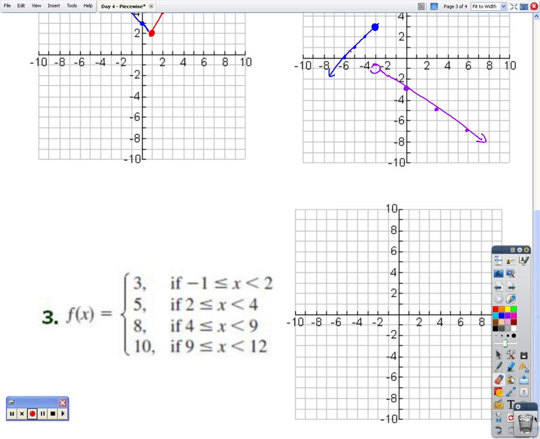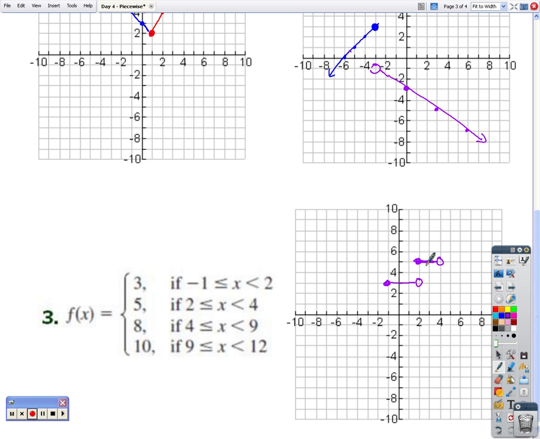The last one we're going to do is another piecewise function, but this one is all constant functions. Constant functions are really easy to graph because all I have to do is say, okay, -1 to 2, so -1, 3, closed, 2 is open, connect. That's all you got to do is connect them. 2 to 4, so 2, 5, over to 4 and open.